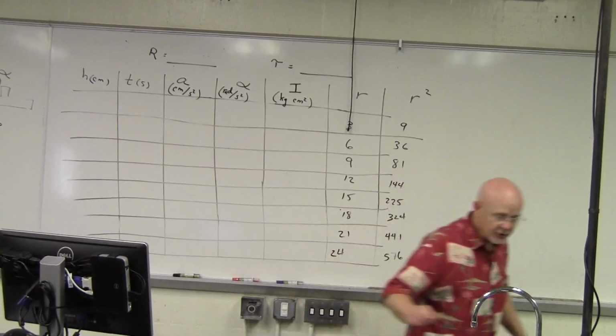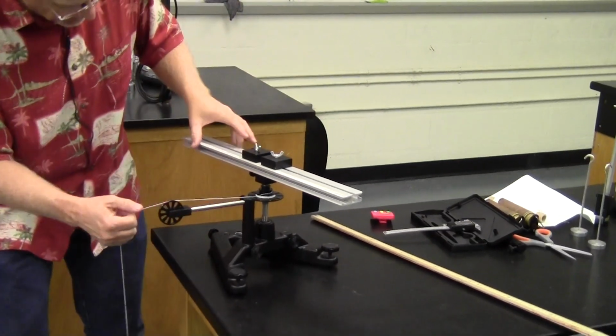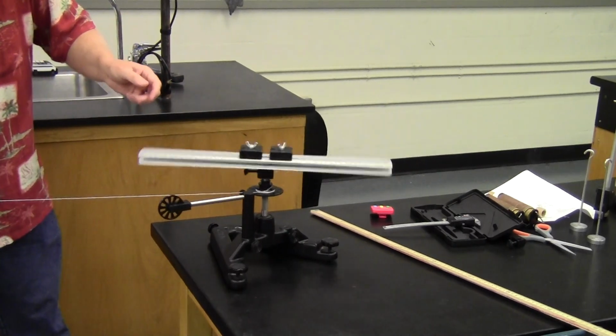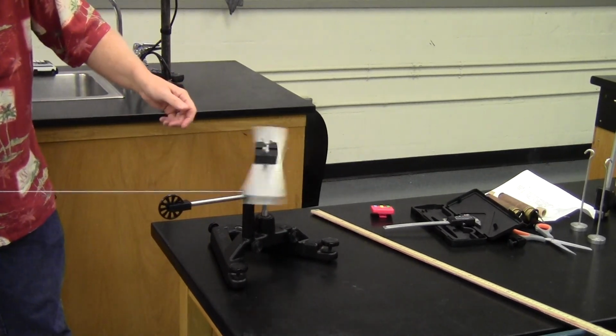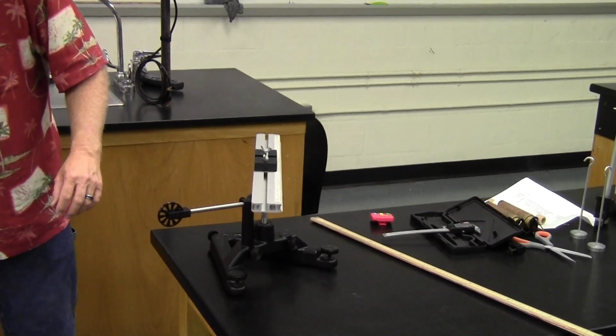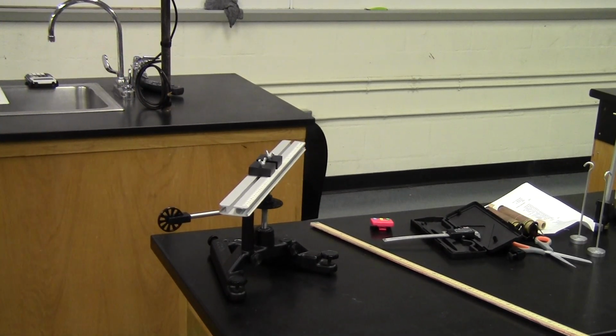So coming over to here, and that means I probably need to remove the string so I can get a measuring device in here. So let me just pull on this string here and kind of get this out of the way for a second. And let me get the radius. And I have this nice little instrument. It's called a caliper.